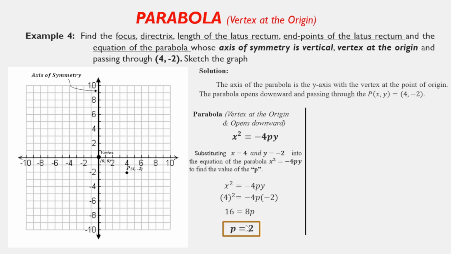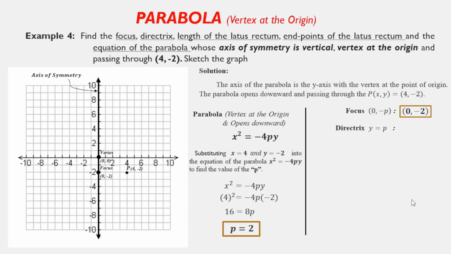Then the value of p is equal to 2. Since we already found the value of p, we can now identify the focus. The focus is the coordinate (0, -p). Substituting the value of p, the focus is located at the coordinate (0, -2). If we plot now, this is the location of the focus.